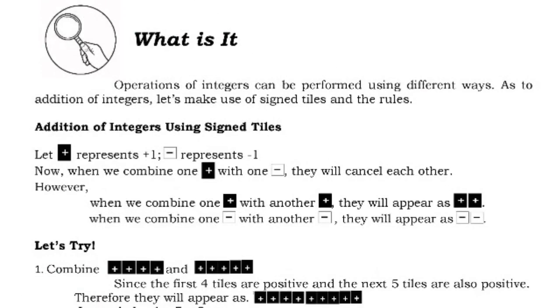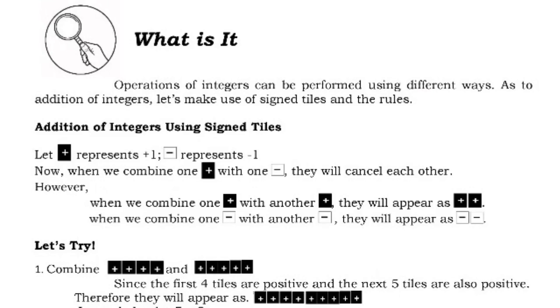Next is, what is it? Operation of integers can be performed using different ways. As to addition of integers, let's make use of sign tiles and the rules. Addition of integers using sign tiles. Let the plus tile represent plus 1 and the minus tile represent minus 1.